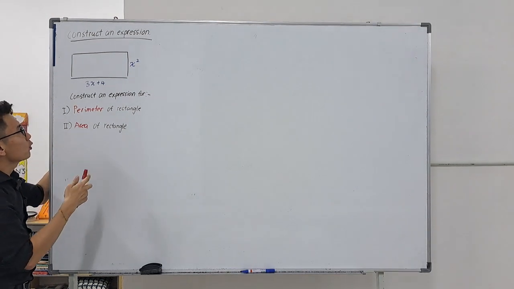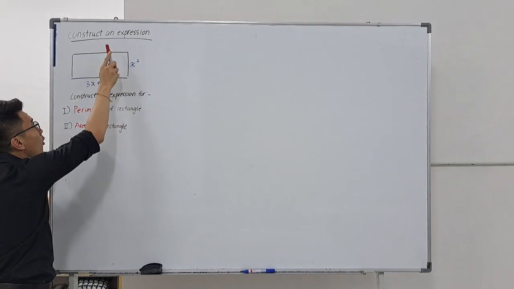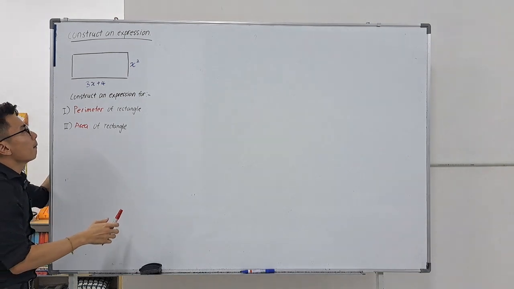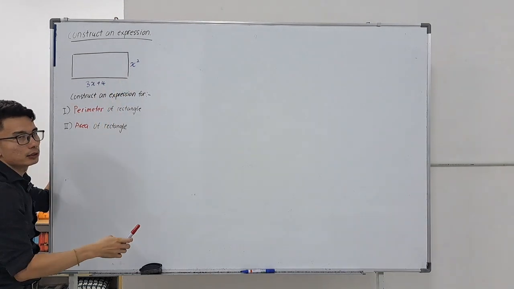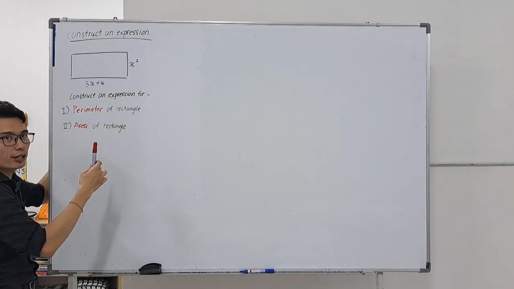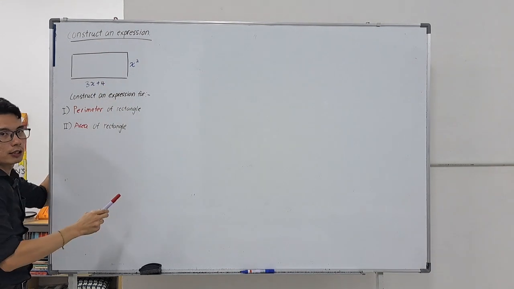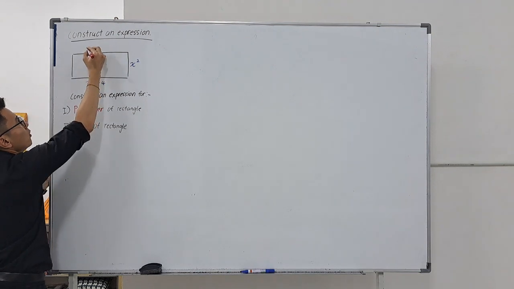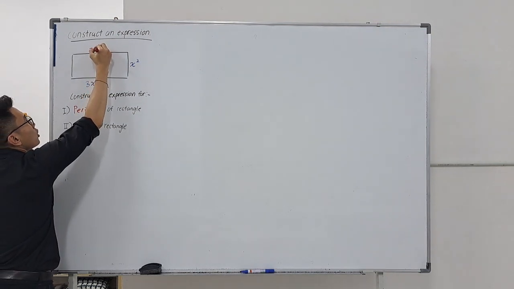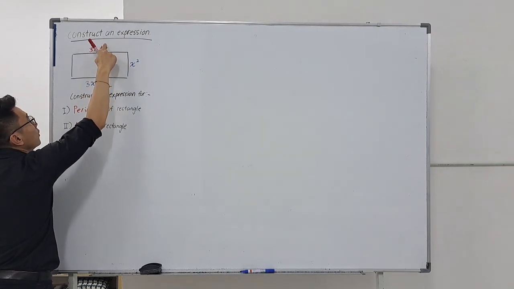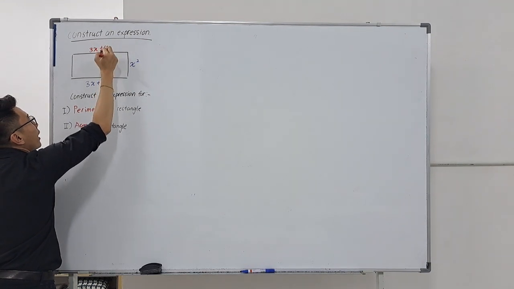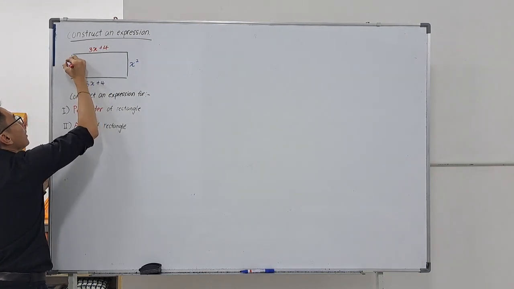Since you know that you have to add up all these four sides, but there are only two given sides here, based on your knowledge of a rectangle, do you know what this side and this side are? This is going to be 3x plus 4, and this is going to be x squared.